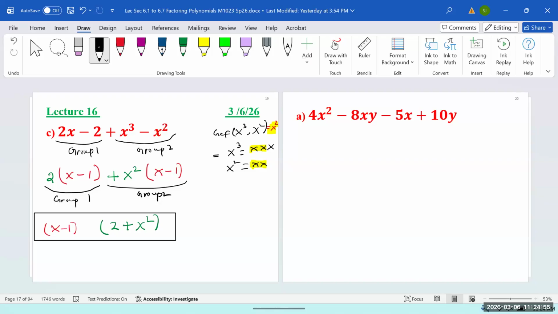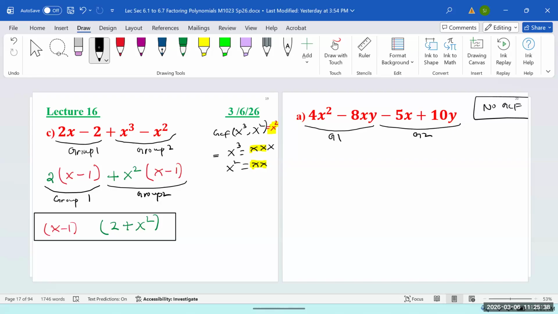How about x? Do you see x in all four terms? The last one doesn't have x. Do you see y in all four terms? So do you have any GCF? Then what do you do? So we found no GCF. So for four terms, what's the method? Grouping. So you group. That's why this is called grouping. Group 1, group 2.